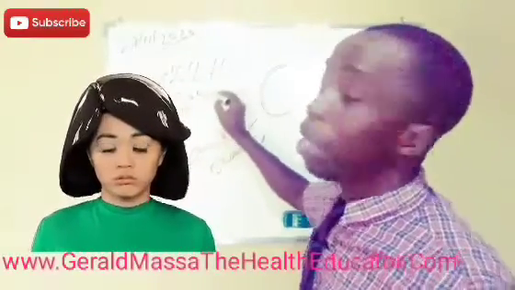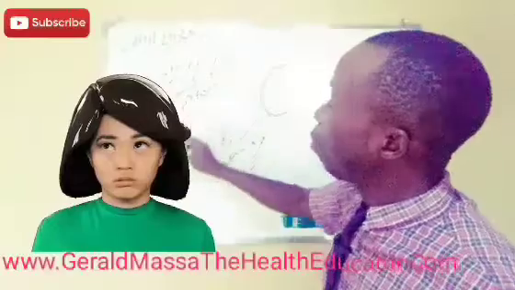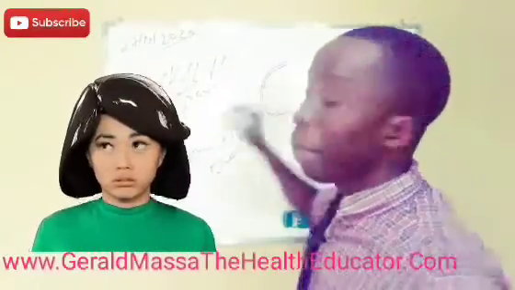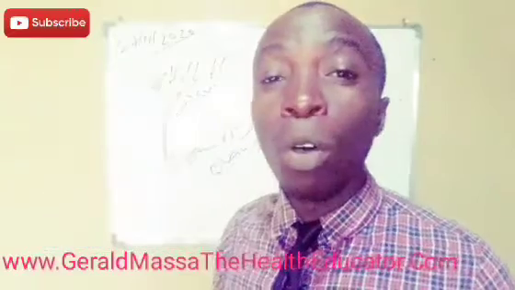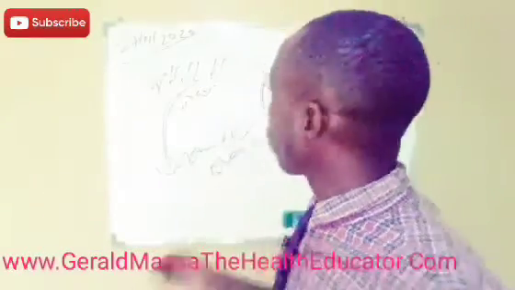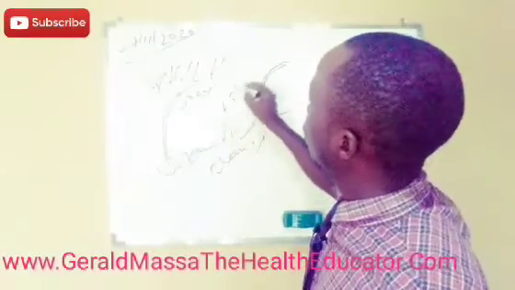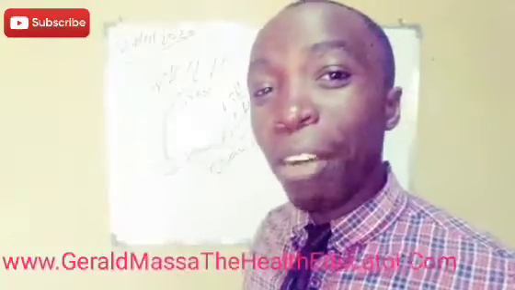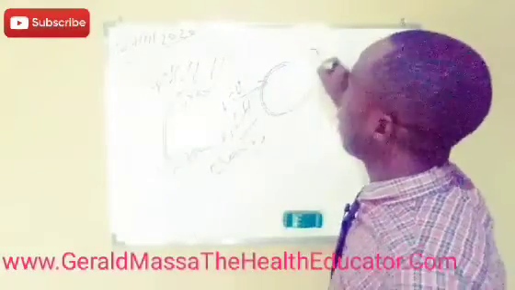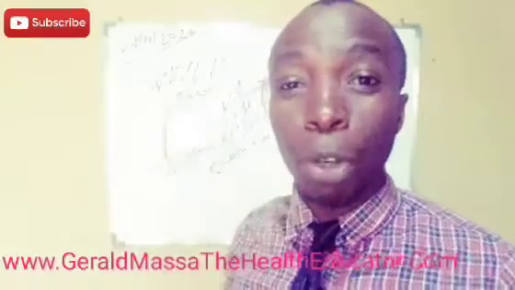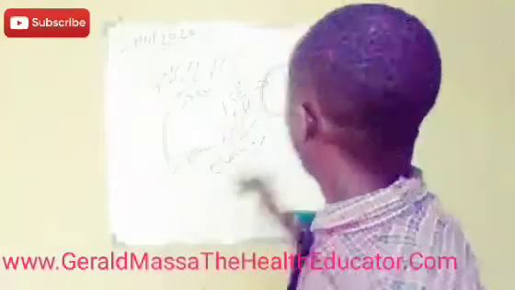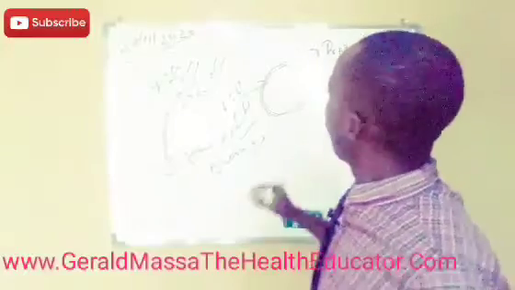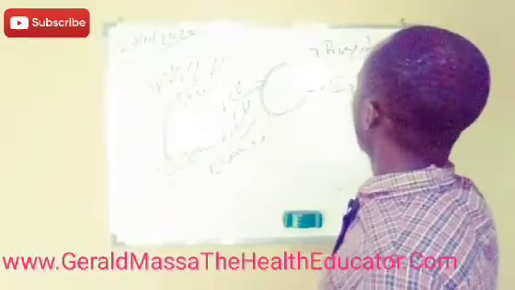And then the next hormone is known as estrogen, abbreviated as E2. So when the follicle stimulating hormone acts on your egg, there's going to be release of estrogen. FSH brings about the release of estrogen, whereas LH, luteinizing hormone, acts on your egg and brings about the release of progesterone.